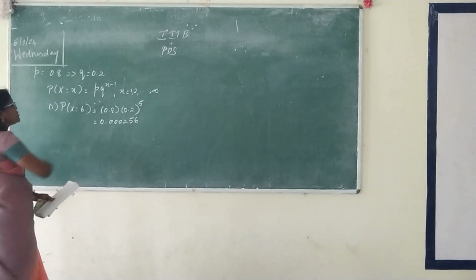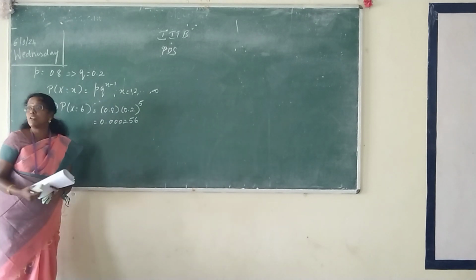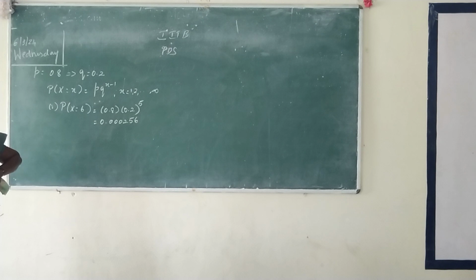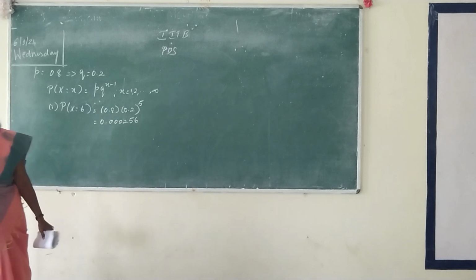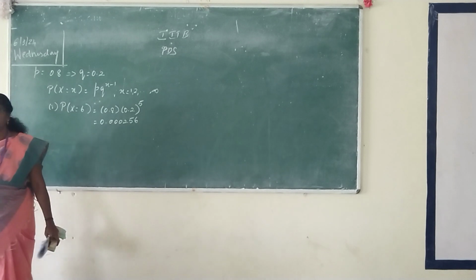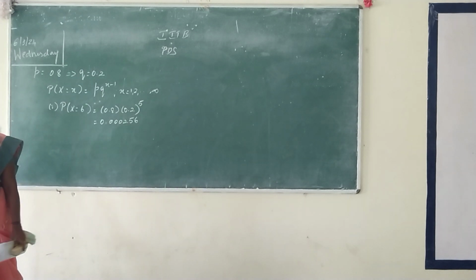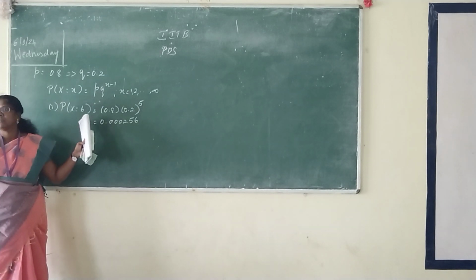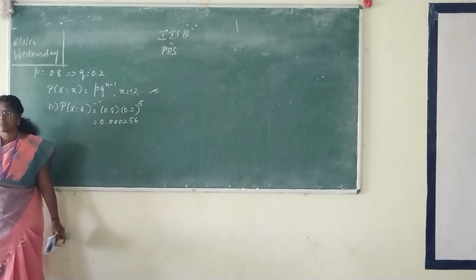Actually our definition starts only from 1 to infinity, so x equal to 0 is not there. X equal to 0 is no shot at all, which is meaningless. So 0 is not inclusive in this form of definition. In the other form it will be inclusive, and there the meaning will be different. So don't confuse the two definitions. Memorize one definition and stick to it for all the problems.